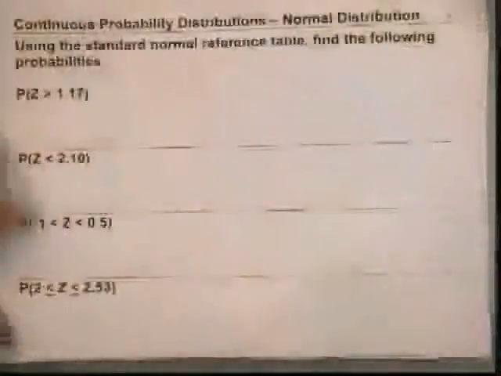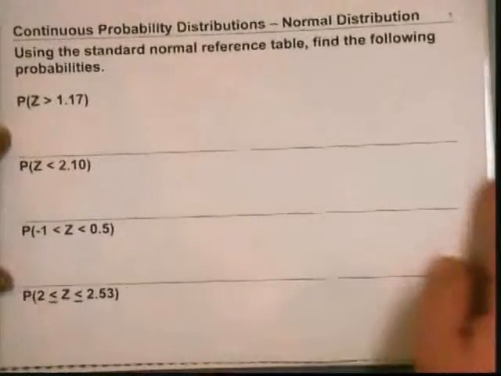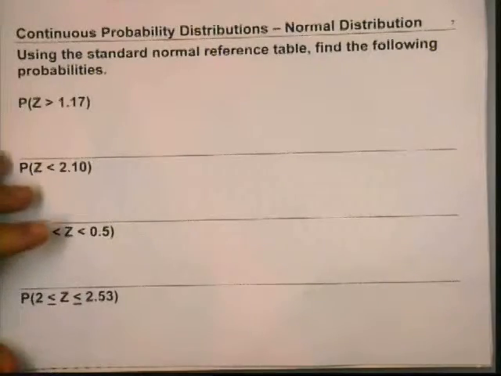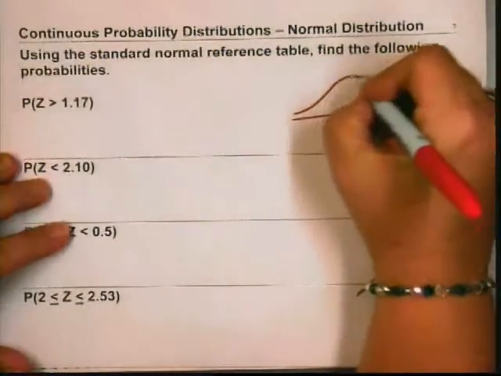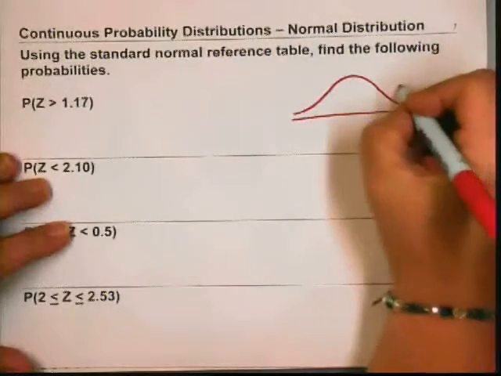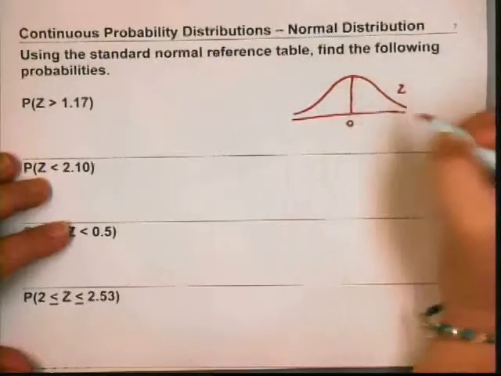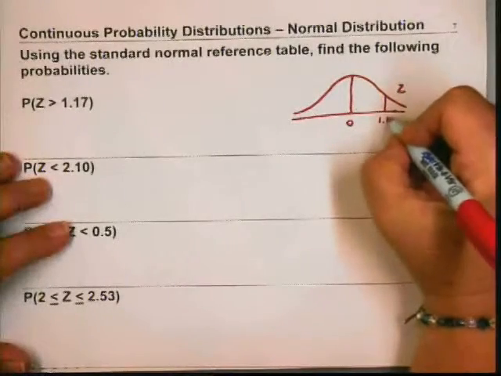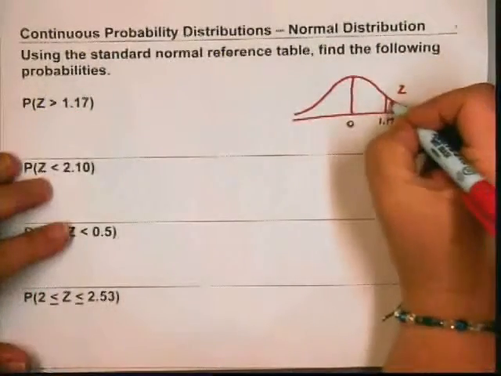So we'll just go through some exercises learning how to read this table. Use the standard normal reference table to find the following probabilities. The probability that z is greater than 1.17. Okay, so the z distribution has a mean of 0. 1.17 then has to be to the right of that, and so this says we're looking for the area to the right of 1.17.